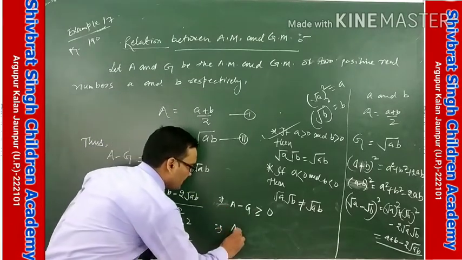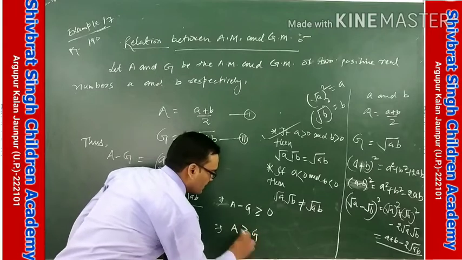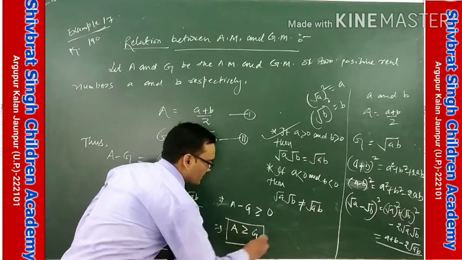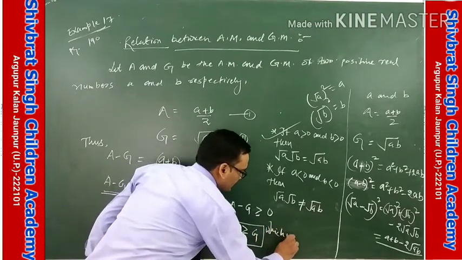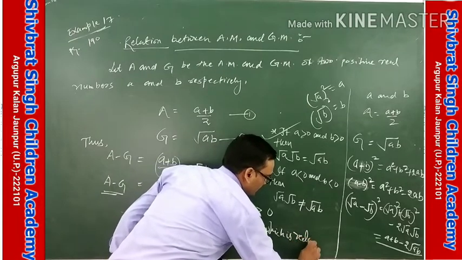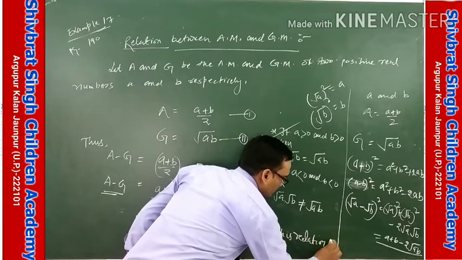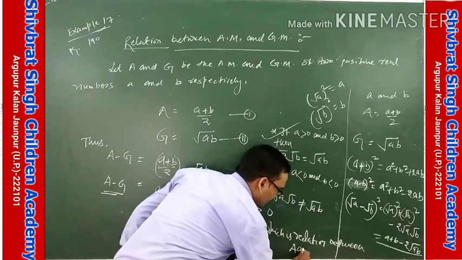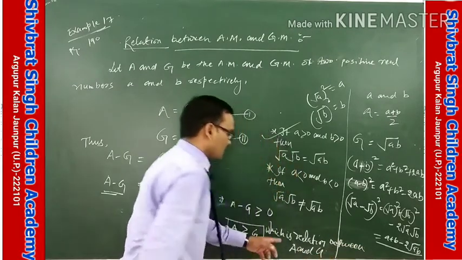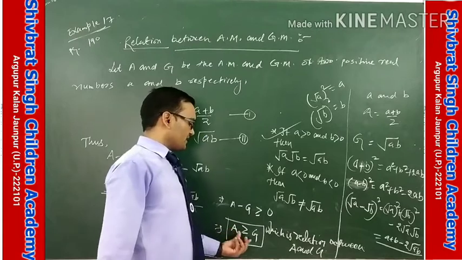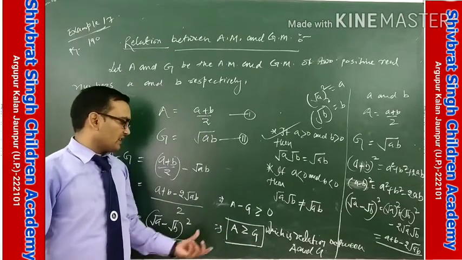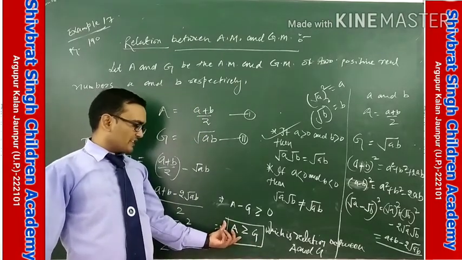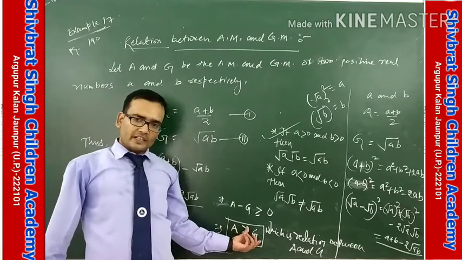This implies that A is greater than or equal to G, which is the relation between A and G. That means the relation between arithmetic mean and geometric mean: the arithmetic mean is always greater than or equal to the geometric mean.